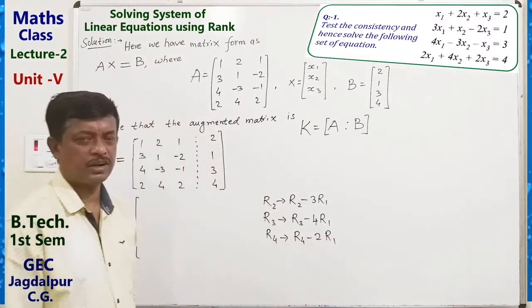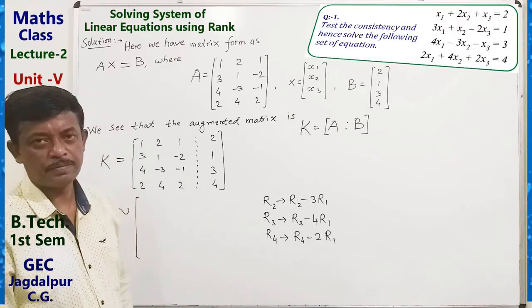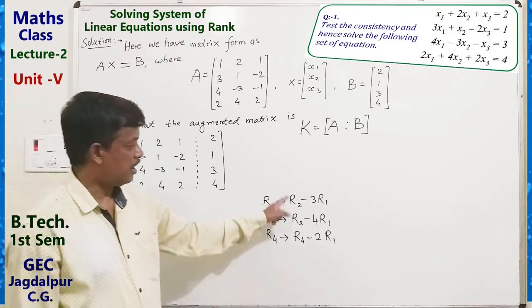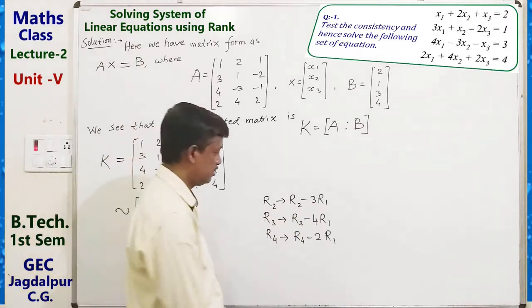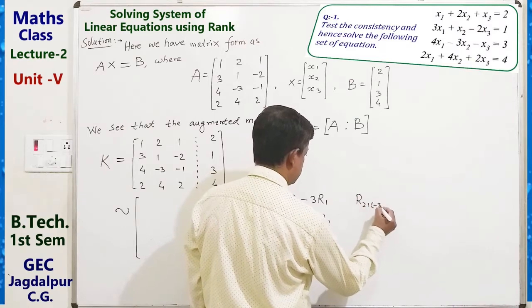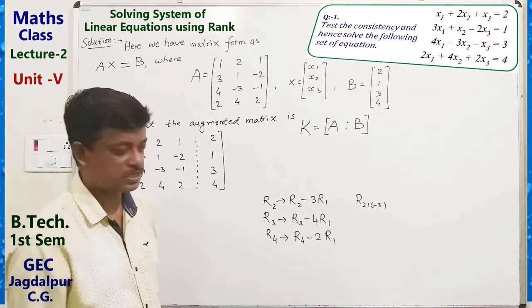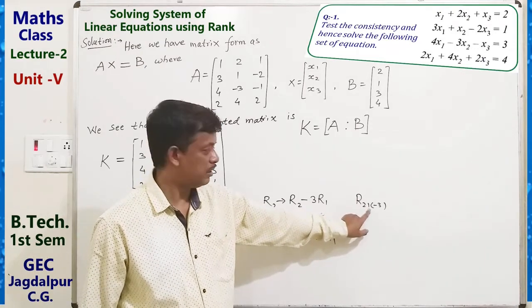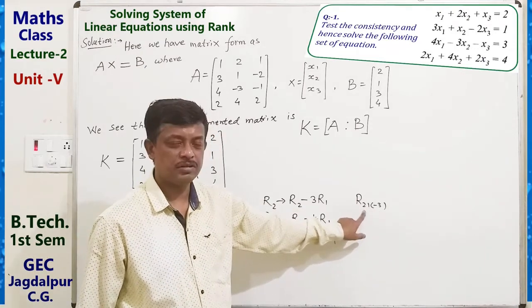In short, we can also write it as R2 (1, minus 3). That means, in short notation, just multiply the first row element by minus 3 and add to R2.